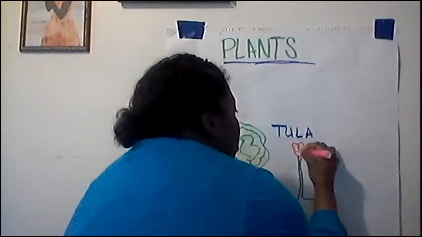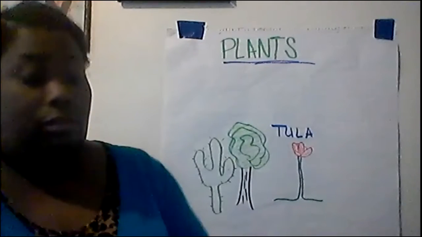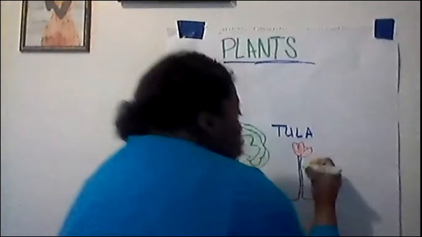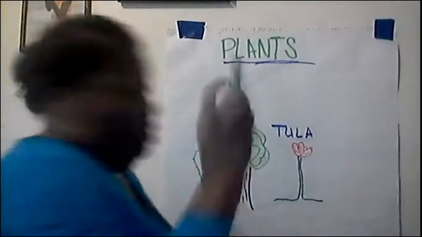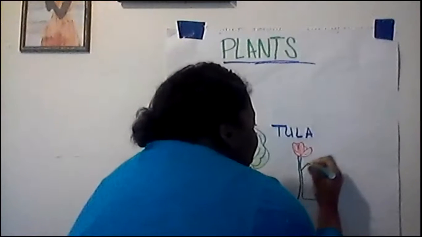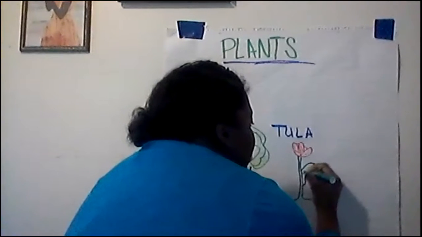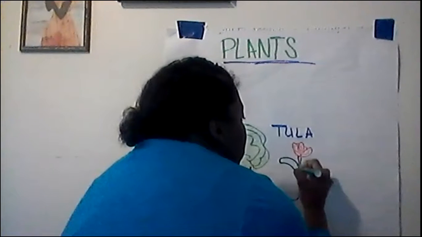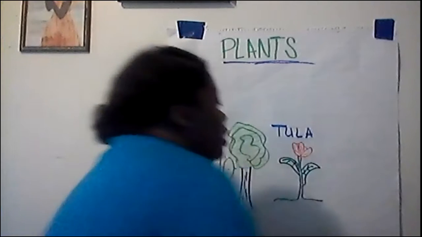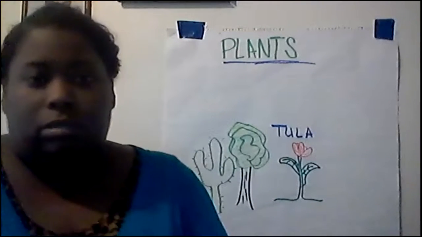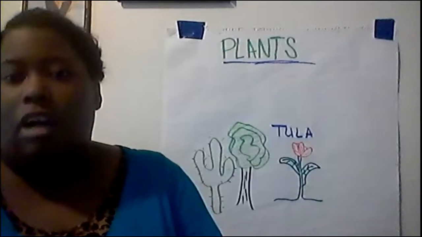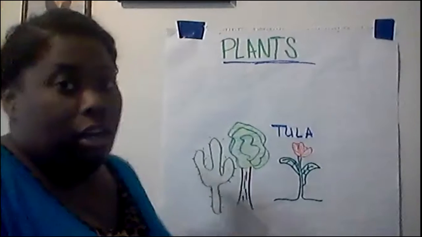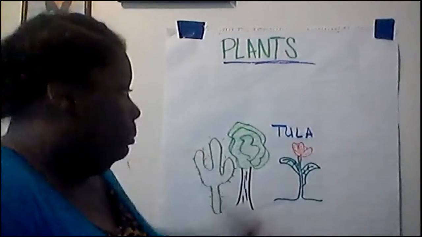Some of you may have already guessed it. Some of you may not have, because Ms. Davis, again, is not an artist. Well, at least I'm not the best drawer, but I am an artist. So I'm going to exaggerate her leaves just a little. But she is a tulip. So Tula the tulip. And she also is an organism that makes her own food because she is a plant.